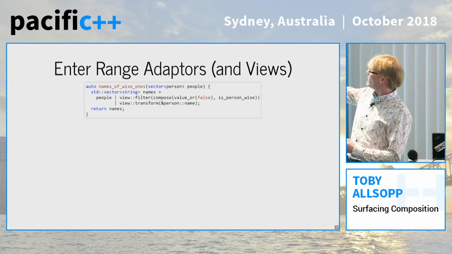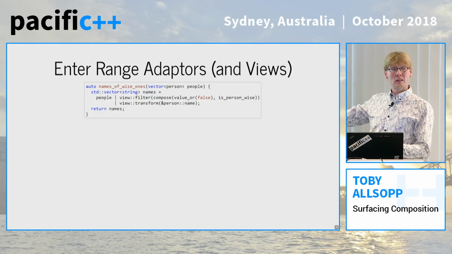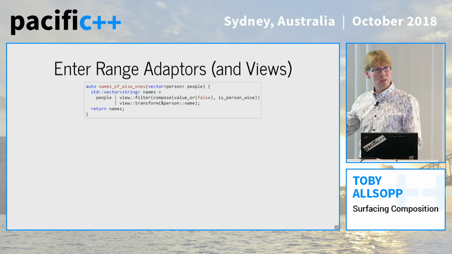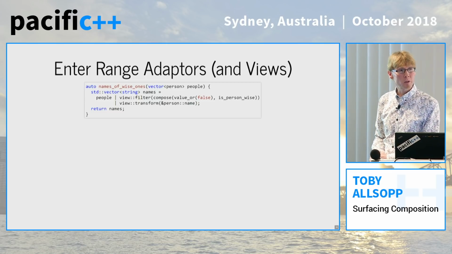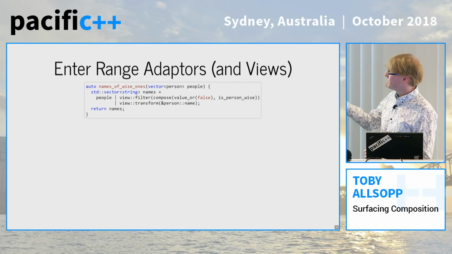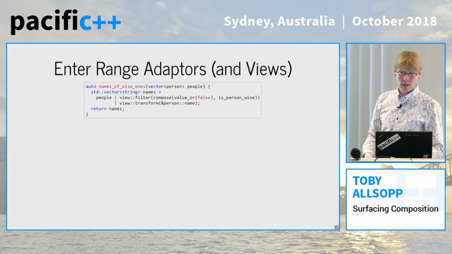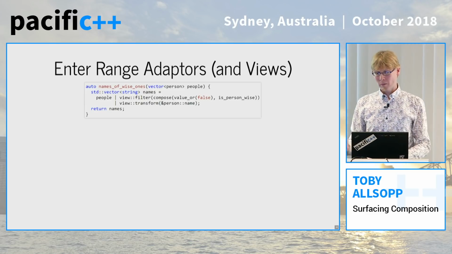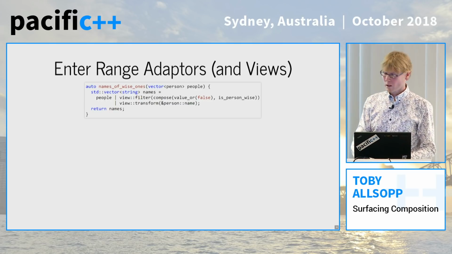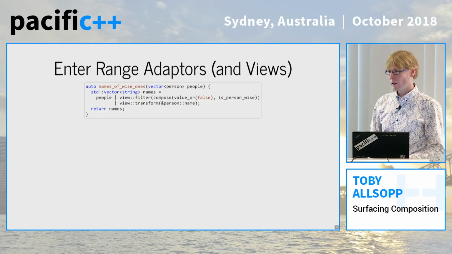So everything after the equals sign essentially does nothing. It just creates a view object that, when iterated over, will perform the filtering and transformation. Then I'm initializing a vector with that view, and that is something that is proposed separately, as I found out.